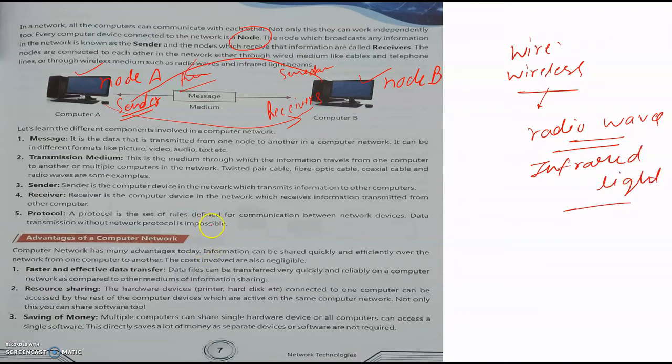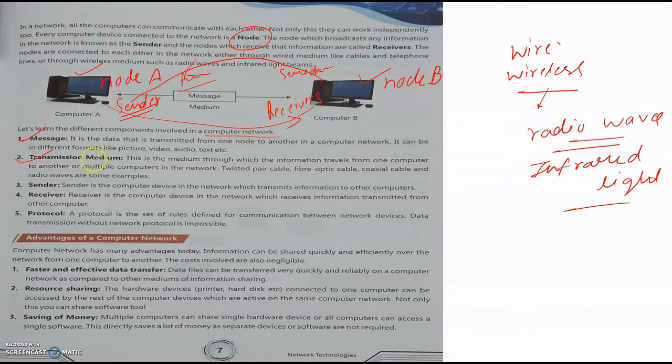Now there are different components involved in a computer network. The first is the message. A message is particular data, like a picture, audio, or video that you want to send from one device to another. Second is the transmission media.